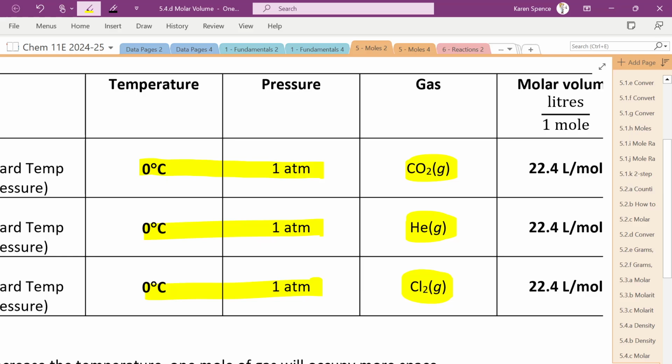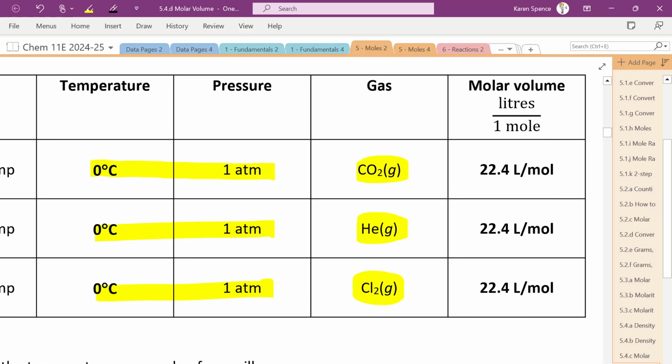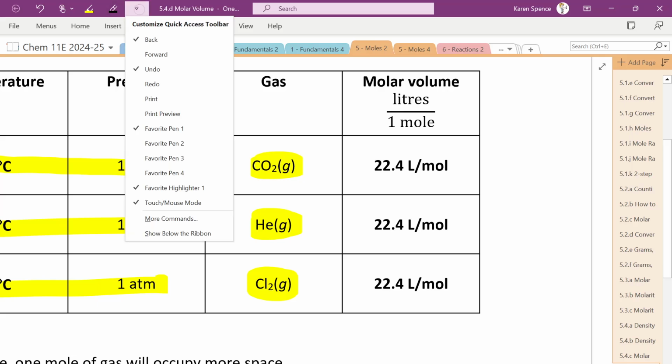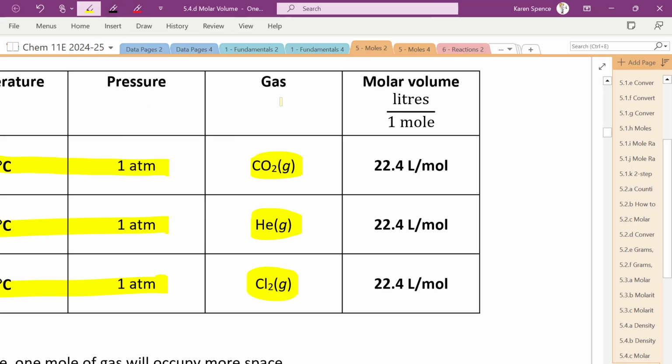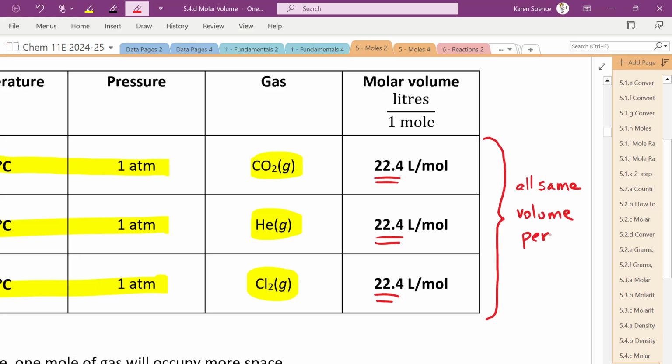They're all the same, and because we're at 0 and 1, they are all 22.4. So they're all the same volume per mole at the same temperature and pressure.